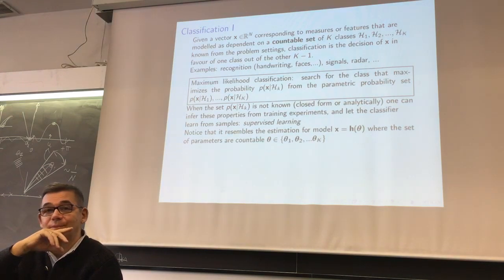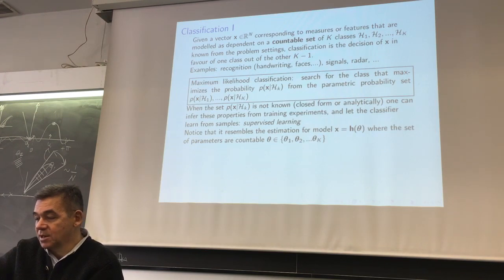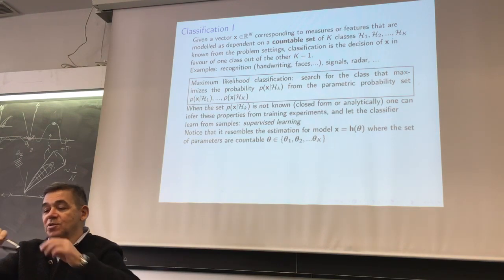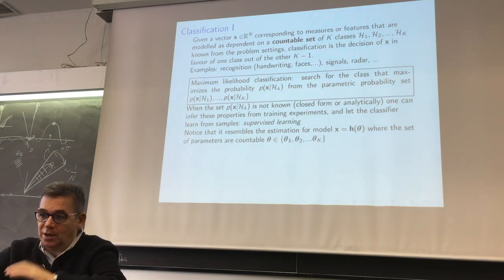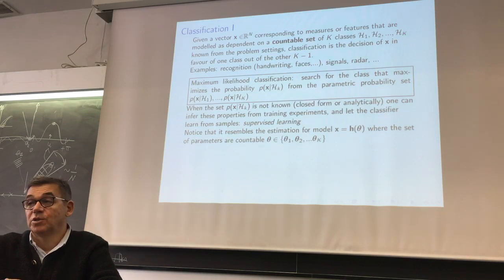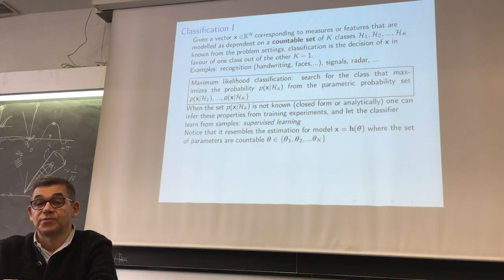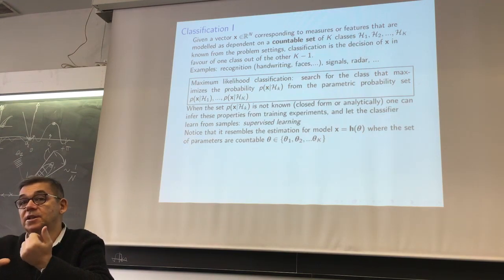Now, you have seen something in the workshop, and I can give more examples. The most straightforward is recognizing handwriting. You have the letters, and you want to recognize the handwriting. So to recognize handwriting, our classes are the letters: A, B, C, D, and so on.